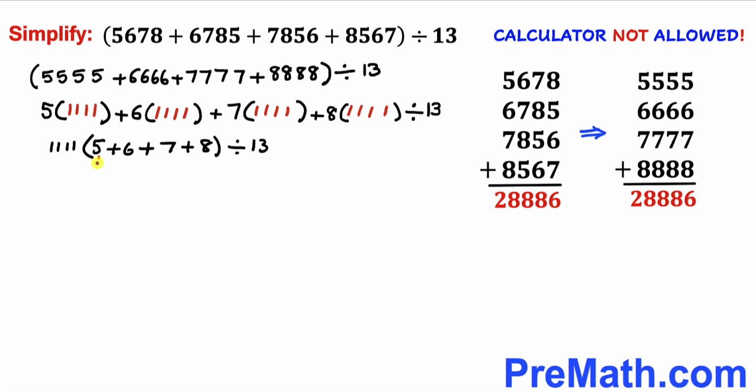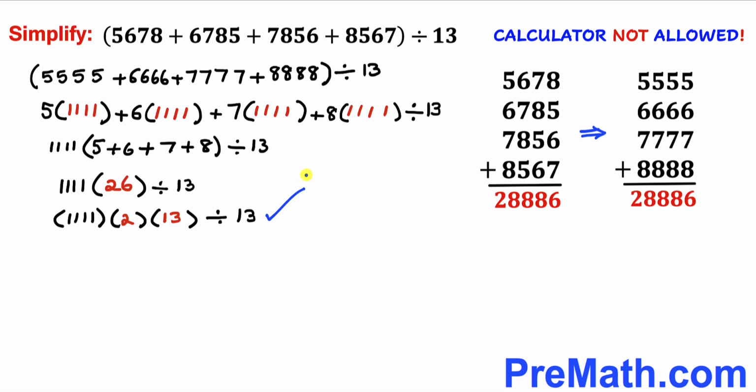If we add all these numbers inside the parentheses, that adds up to 26. Now 26 could be written as 2 times 13, and we can see 2 times 13 is 26.